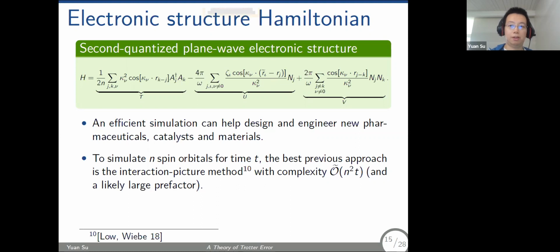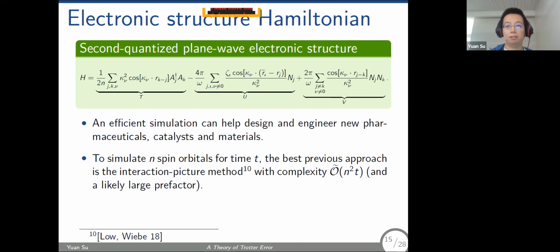Okay, so an efficient solution of such an electronic structure simulation turns out to be helpful for designing catalysts and materials. So, people have been trying to understand how to use quantum computers to speed up the simulation of such Hamiltonians.